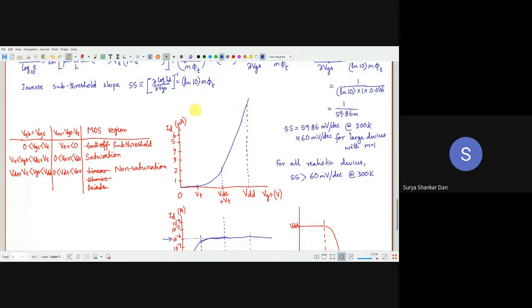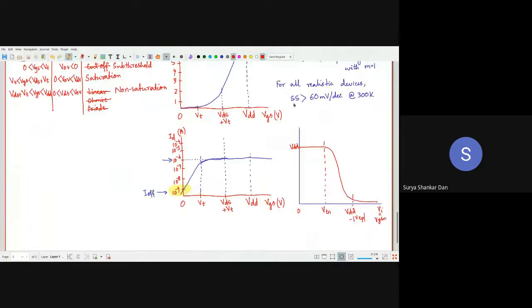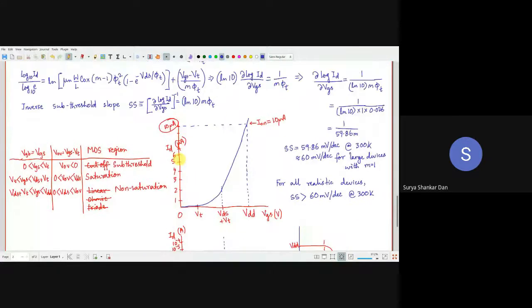So let us say this is 10 microamperes. This is what I will call I on. So I on is equal to 10 microamperes, and I off is equal to the current when VGS equals 0. In our BTech we are always used to looking on the linear scale, so we say I off is always 0. But no, that is because this is a linear scale.